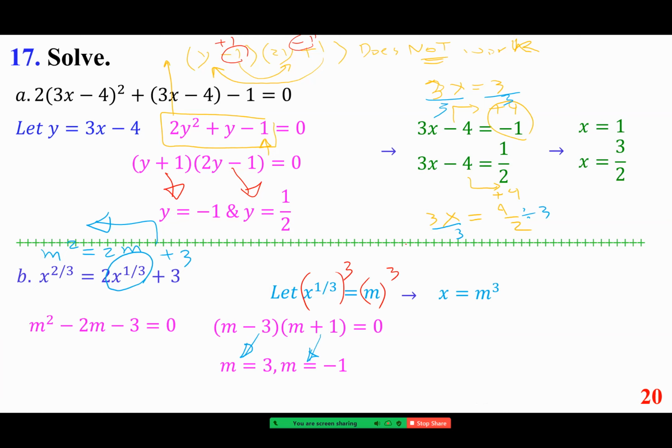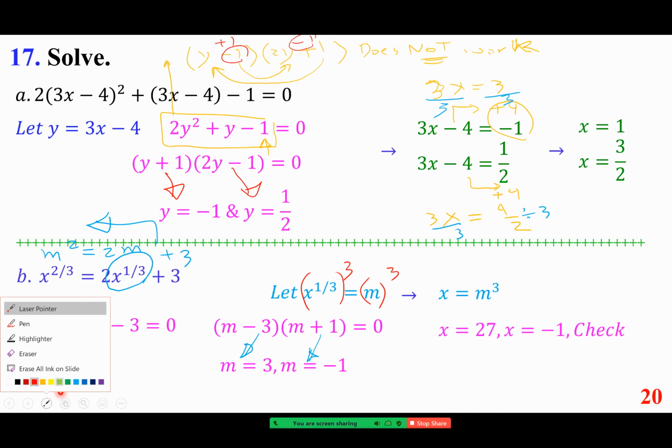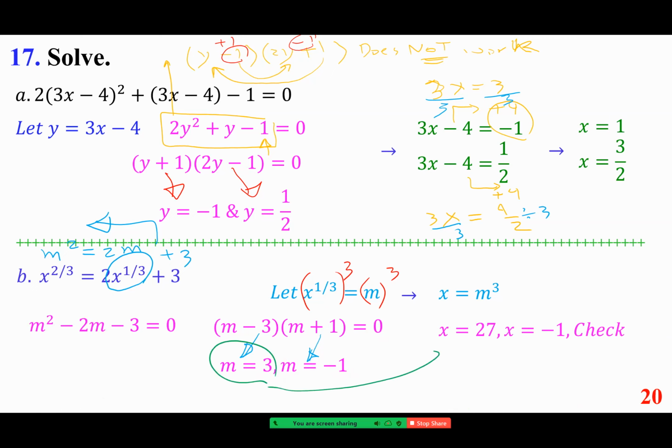Therefore, the answer is to cube this number, which gives you 27, cube this number, which is still negative 1. Notice I didn't say cube root, just 3 cubed is 27 and negative 1 cubed is negative 1. So this is 3 cubed.